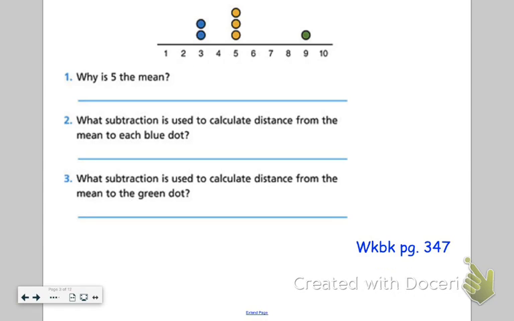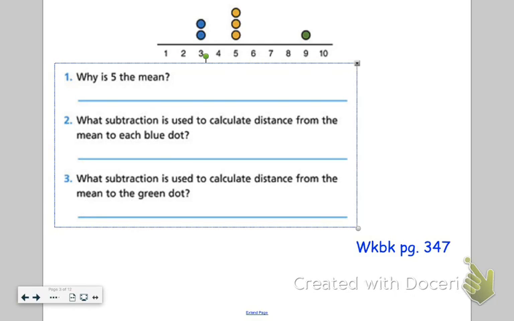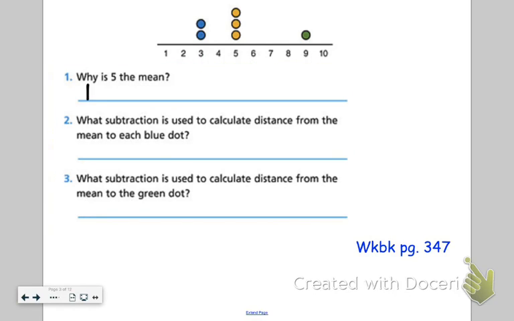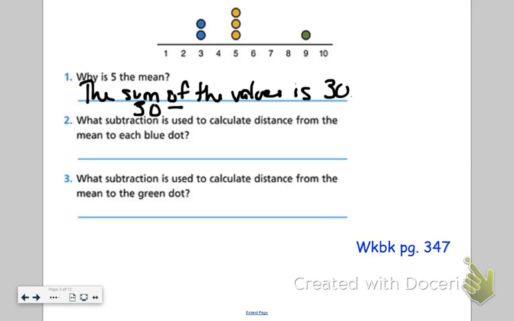So now, why is 5 the mean? Well, 5 is the mean because the sum of the values is 30. 30 divided by 6 equals 5. So that's why the mean is 5.